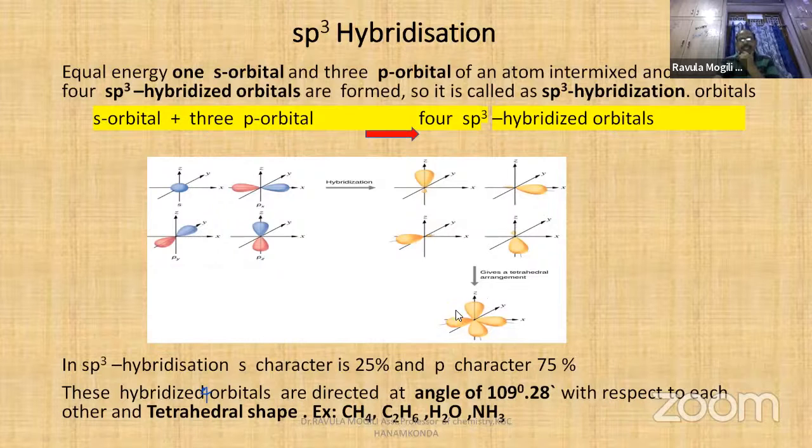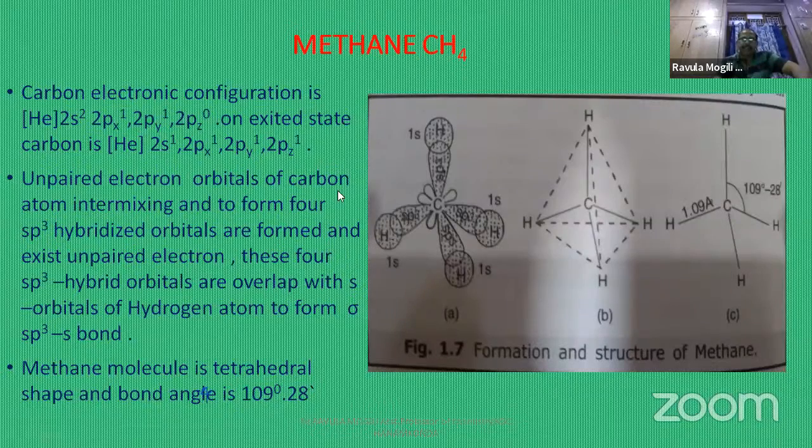Each sp3 hybridized orbital has an s character of 25% and a p character of 75%. If it is sp3 hybridization, the shape is tetrahedral and the bond angle is 109 degrees 28 minutes. So this is regarding sp3 hybridization.